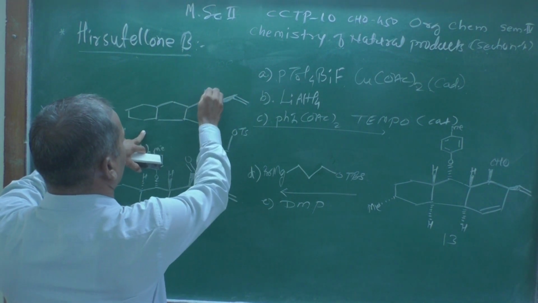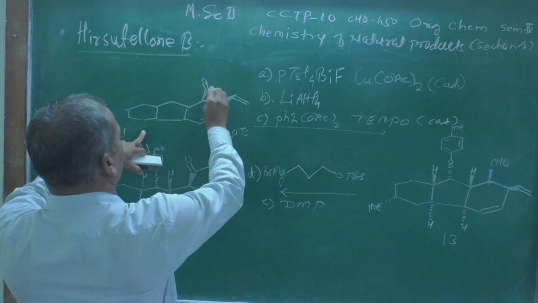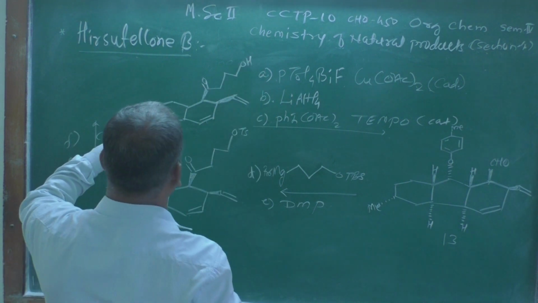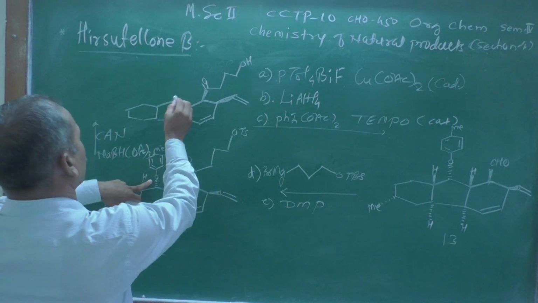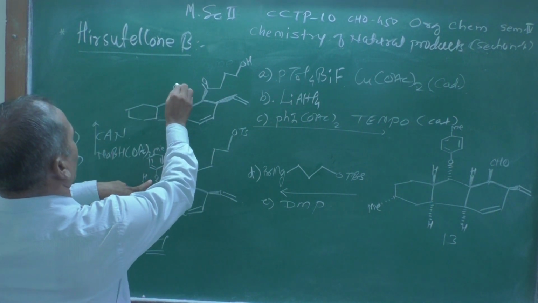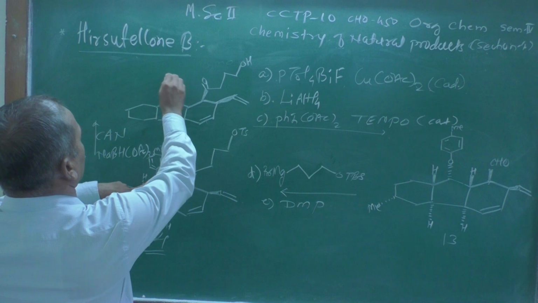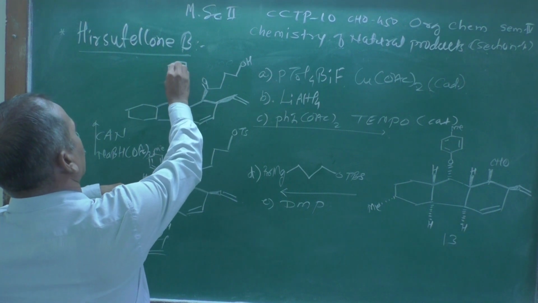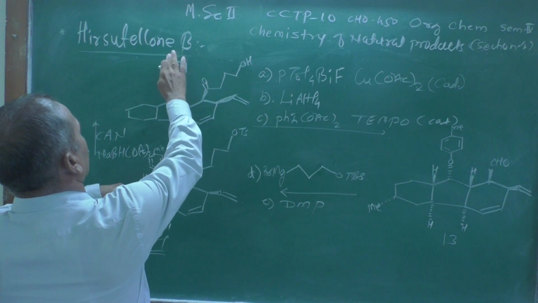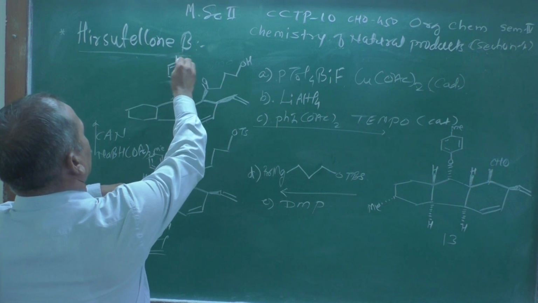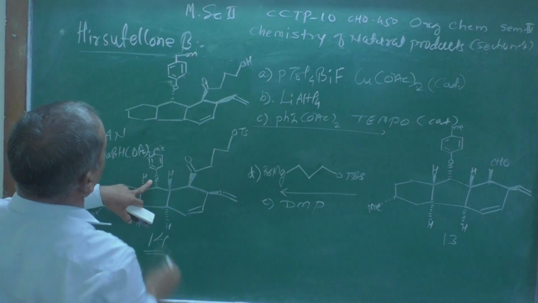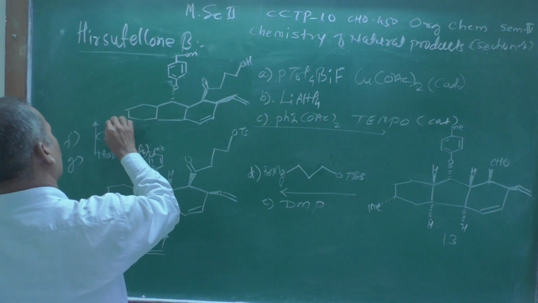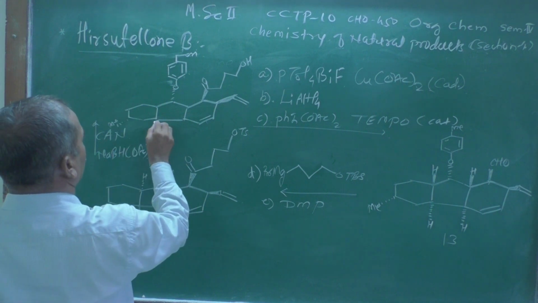Only here this also remains C double bond O, then CH2, then here must be the hydroxy group, and here O, then there will be a paracyclophane, that is a structure, and here CH2 and OH becomes over there, and rest of the thing here, methyl group remains as it is.